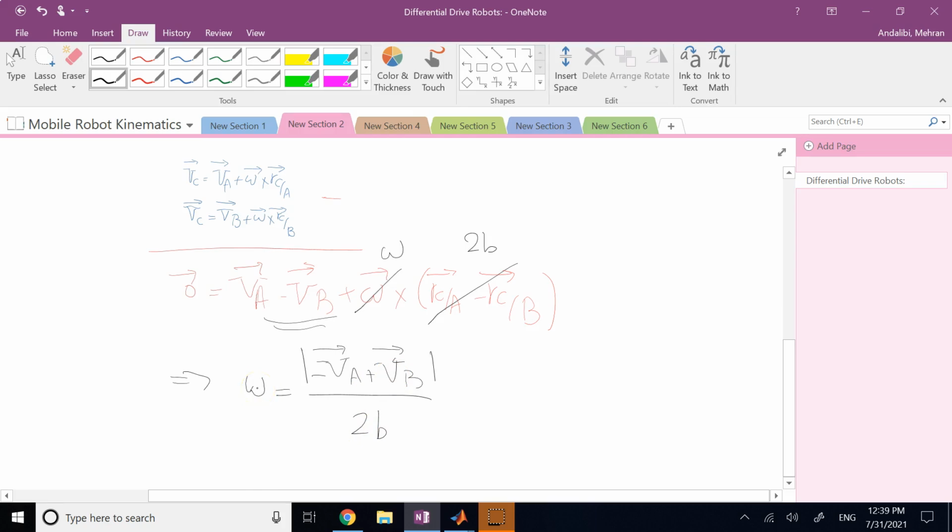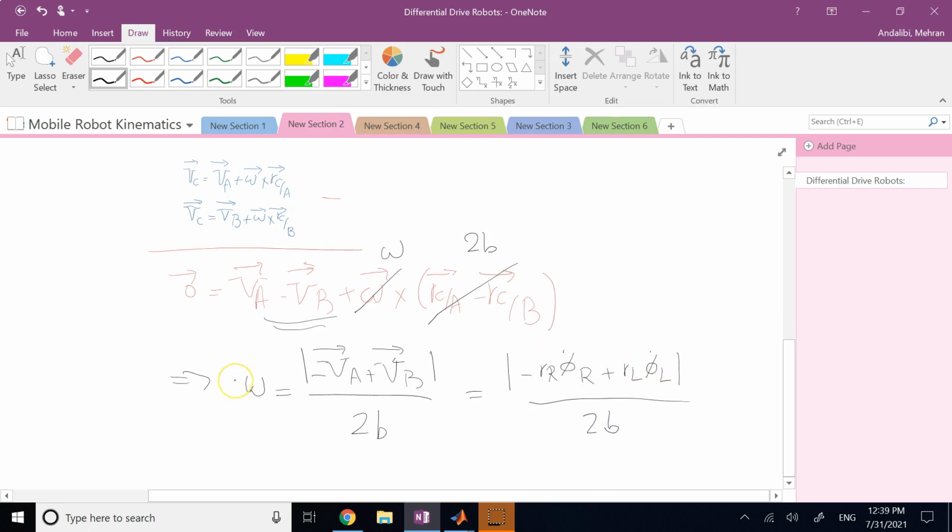is going to be omega. So now here it depends on which one is bigger, right? But clearly, for VA, we have to replace it with R of right times phi dot of right, and then plus R of left phi dot of left, divided by 2b.